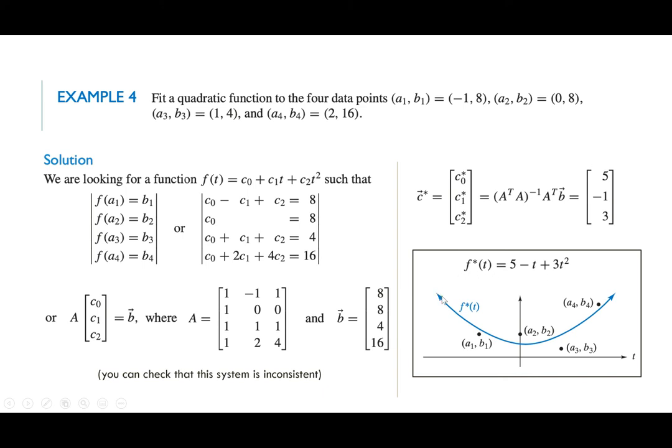This is going to be our closest quadratic function that fits these points. Let's take a moment and pause and ask: what does it mean to say that this is the quadratic function that's closest to fitting these?